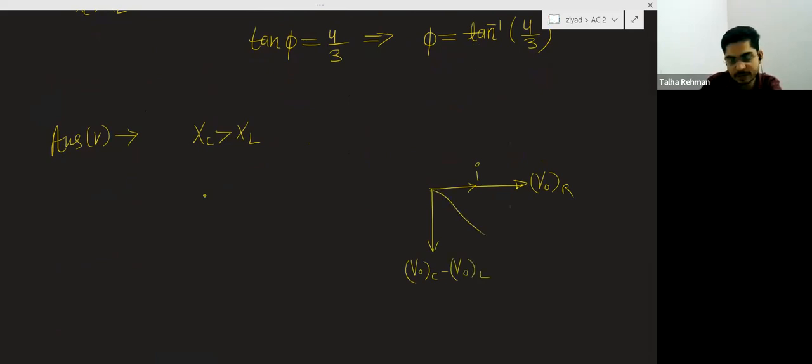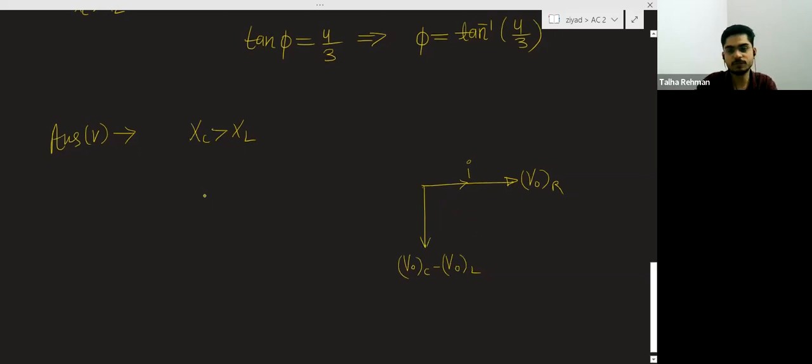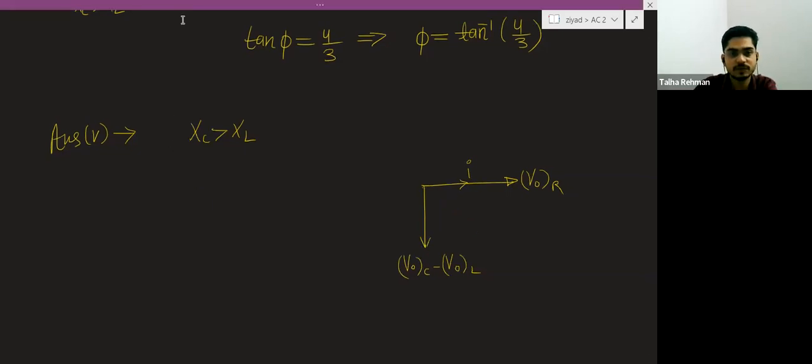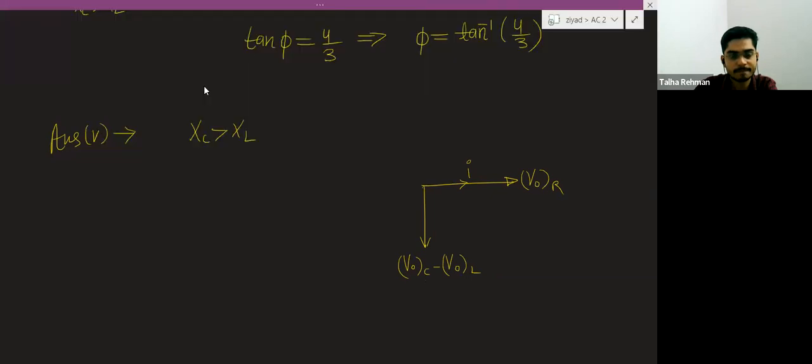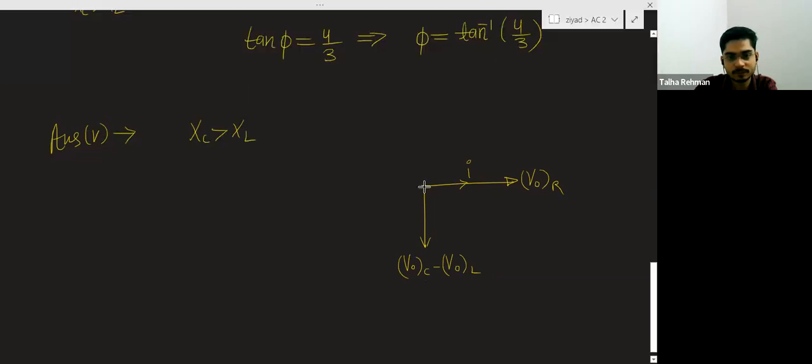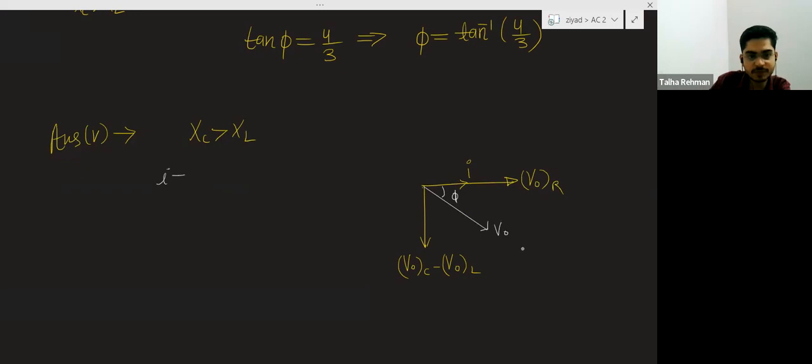And somewhere here will be the resultant of the voltages, that is V naught. So this is your V naught and this will be phi.